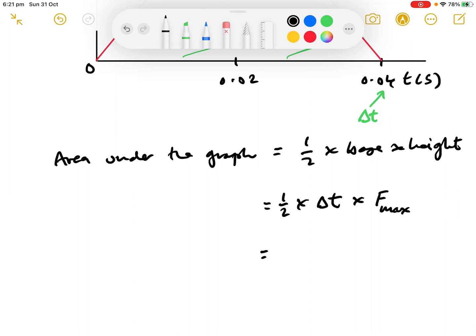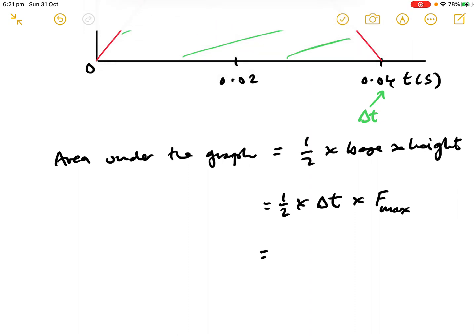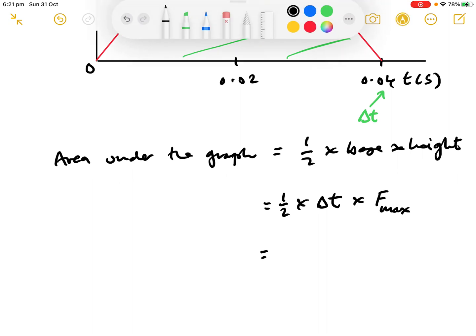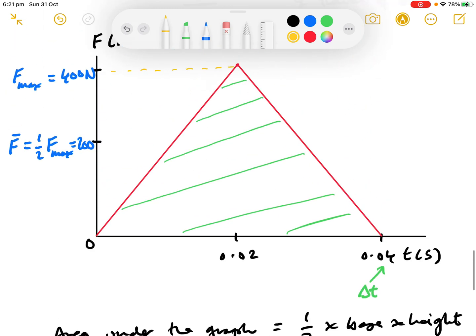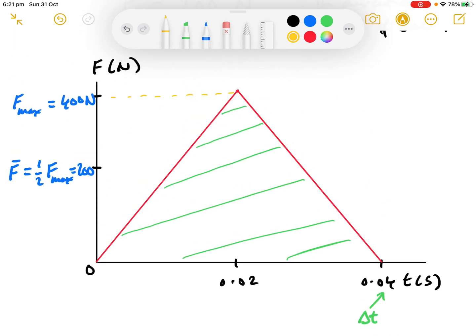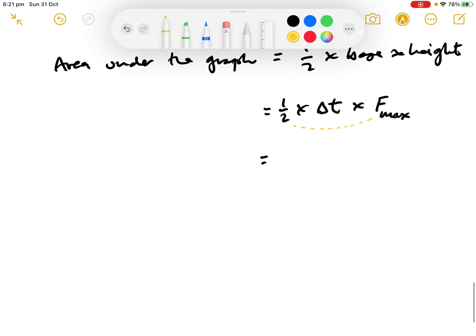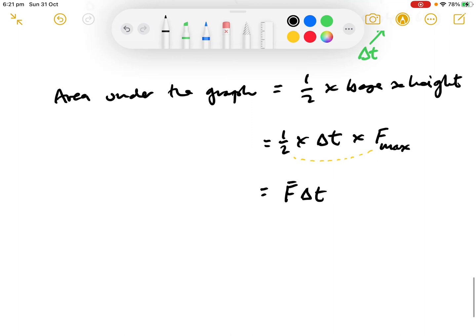Now, a little bit of tidying up of that. Well, the half of F max, you can look at the way this is working out here. That half, if we multiply it onto the F max, well, the half of F max, as you can see here, is F bar. So what we've actually got here is F bar times delta t, which of course is the impulse.